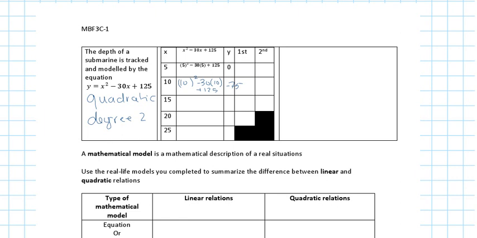So negative 125, right? Okay, now when you put 20 in, what do you get? Negative 75. And then 0? Okay.